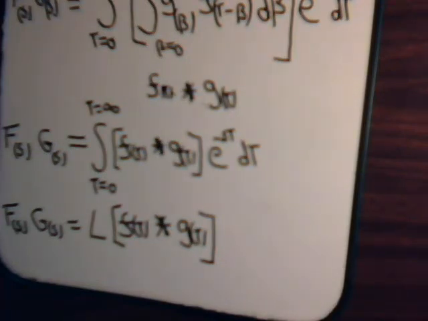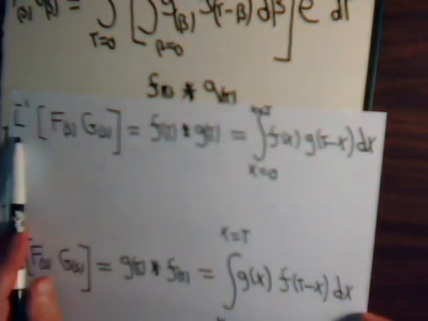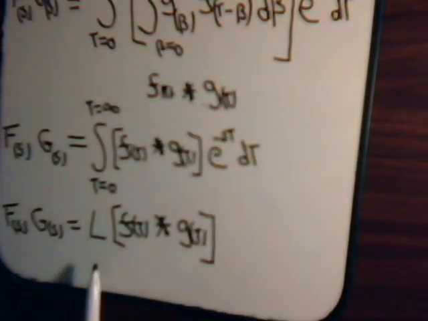It isn't quite in the form that we started with, though. What we had is the inverse Laplace transform equals this. Well, if we take the inverse Laplace transform of both sides of this equation, what are we going to have? I'm going to erase this now. Now take the inverse Laplace transform of each side.